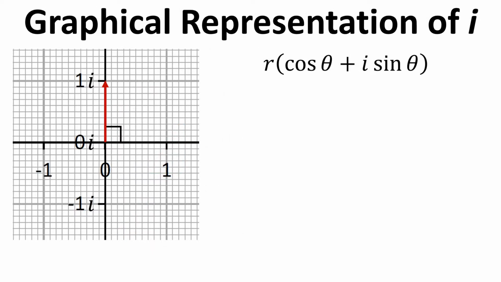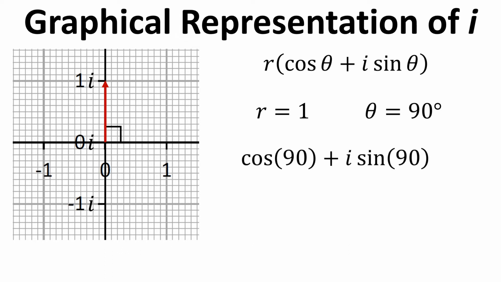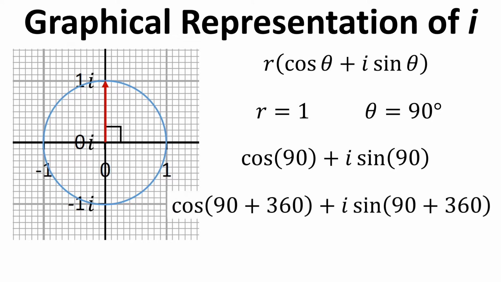So now we have this, we can think about what's the graphical representation of i. Well, r equals 1 and theta equals 90 degrees. So if we put those values in, we get cos 90 + i sin 90. Of course, if we do a 360 degree rotation, we're still at i. So it also works if we have cos(90 + 360) + i sin(90 + 360).